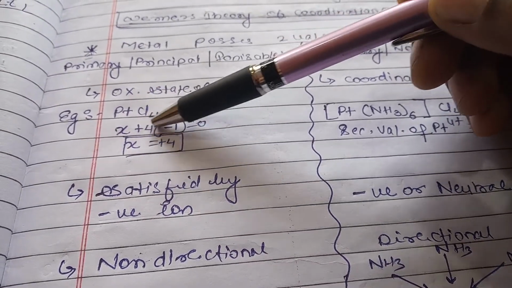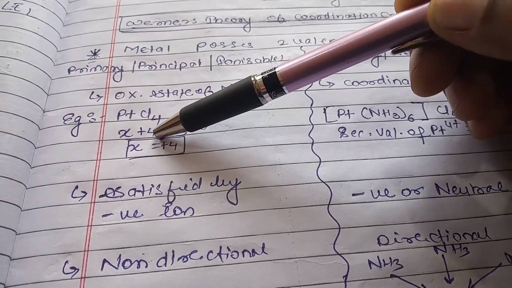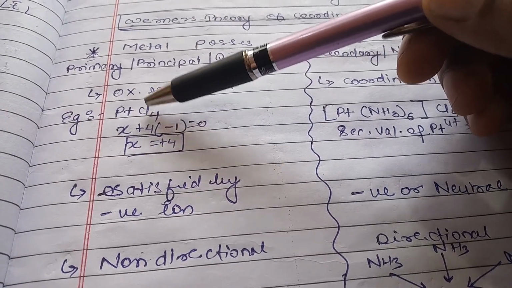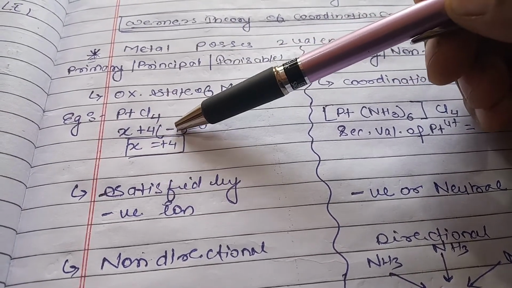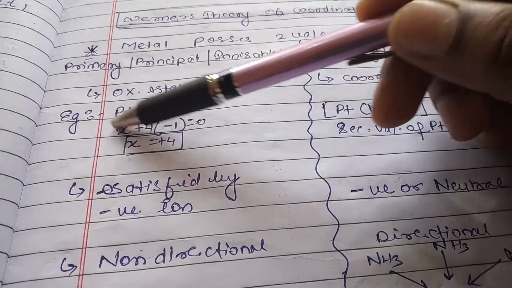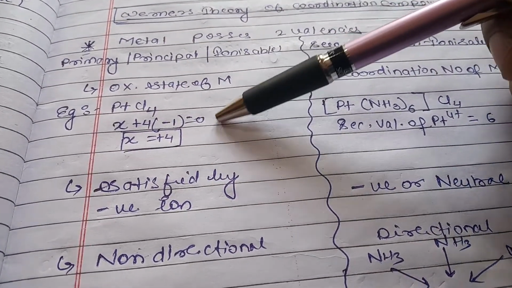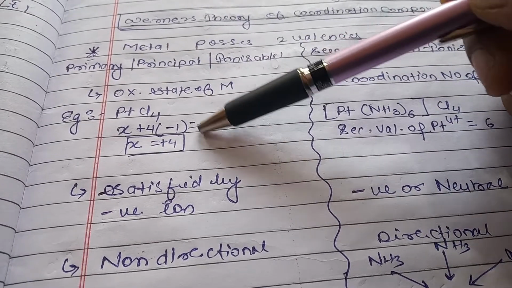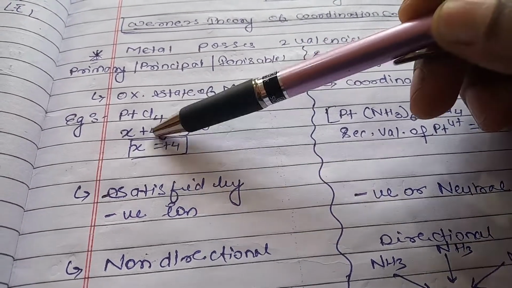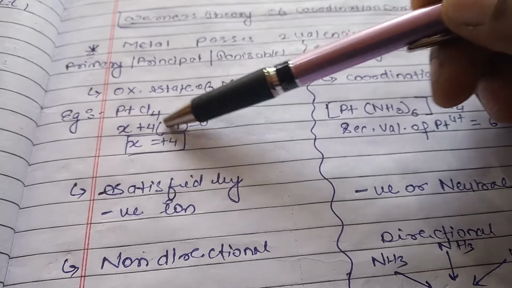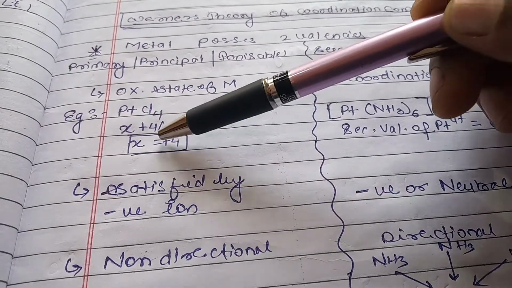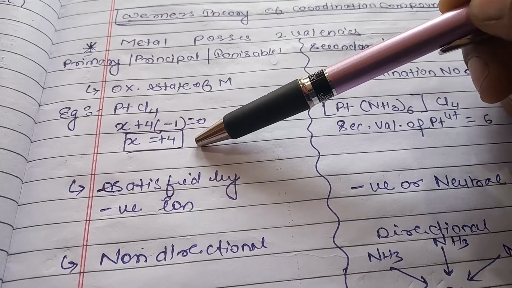We have 4 Cl atoms, so we place a 4 over here. The oxidation state of Cl is minus 1, therefore I place minus 1 over here. The whole complex does not carry any charge, therefore it is equal to 0. 4 into minus 1 is minus 4. When minus 4 goes to the other side, the value of x comes out to be plus 4.